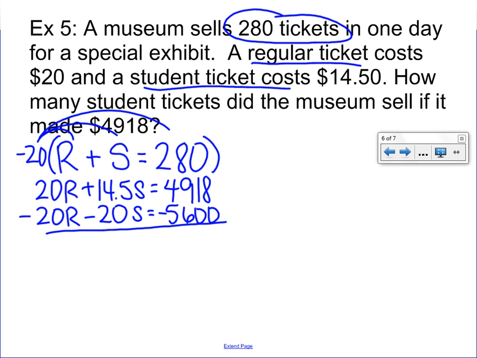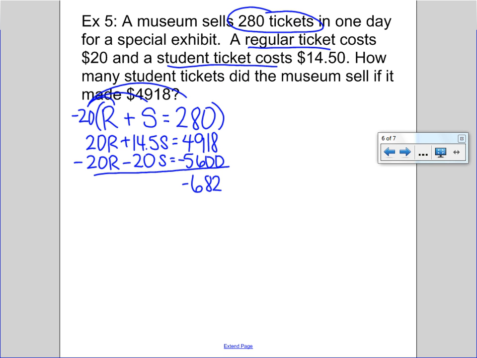Now that I'm here, I can combine my equations. So I have 4,918 minus 5,600 is going to give me negative 682. Bring down my equal sign. Then I have 14.5 minus 20 is going to give me a negative 5.5S. And my 20R minus 20R will cancel.